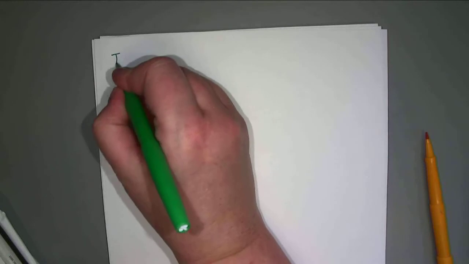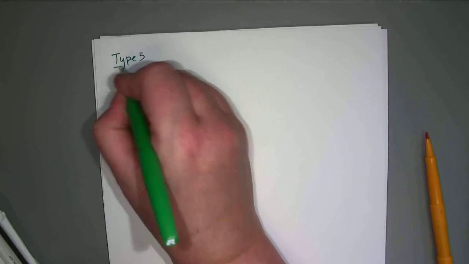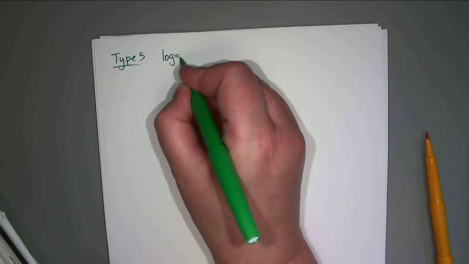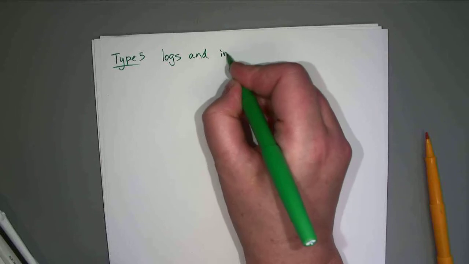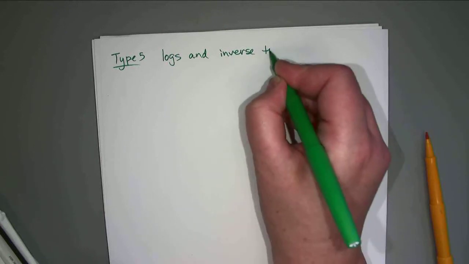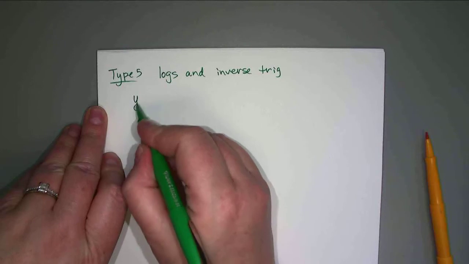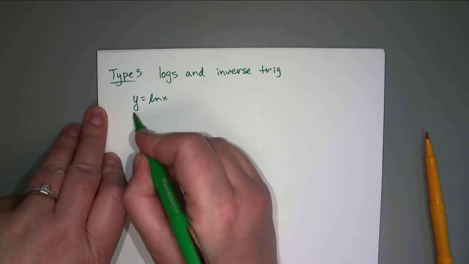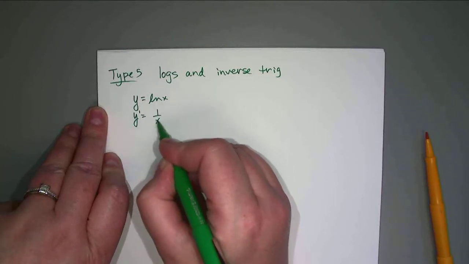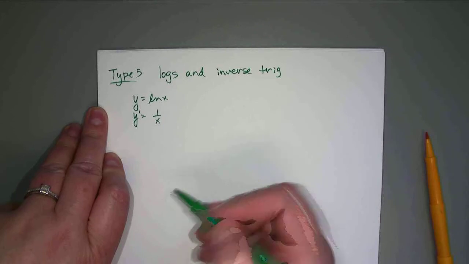Okay, so we'll call this type 5, logs and inverse trig. So basically, if there is a ln in the question, then there would need to be the derivative of ln for substitution to work, and that's a 1 over x.